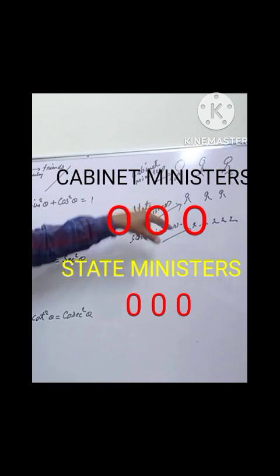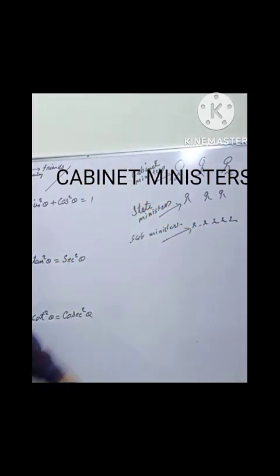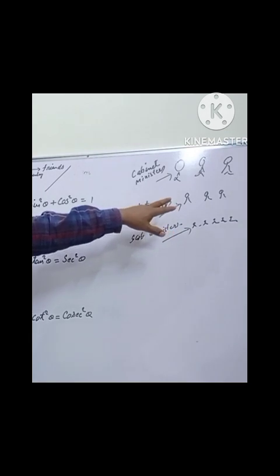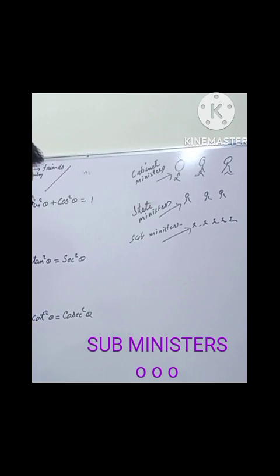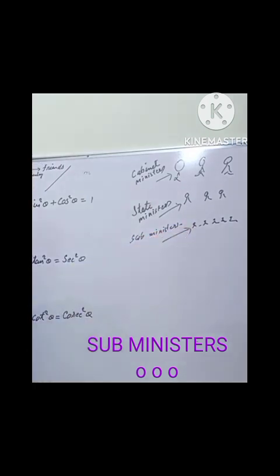State ministers are less powerful than cabinet ministers. They have many rights but not as many as cabinet ministers have. And the third category is sub ministers. Sub ministers are powerful but not as much as state ministers or cabinet ministers. So there are three categories.